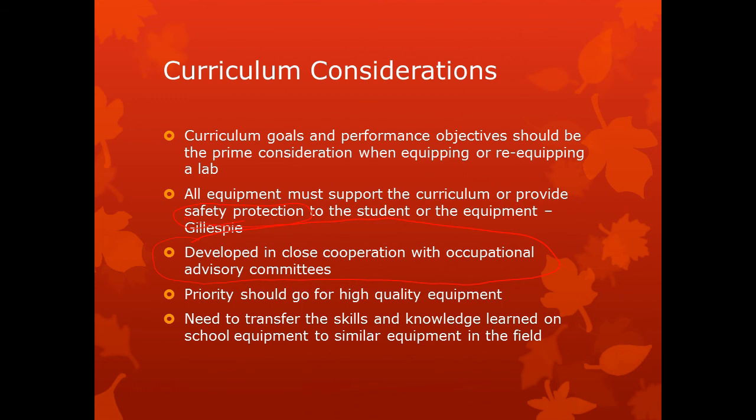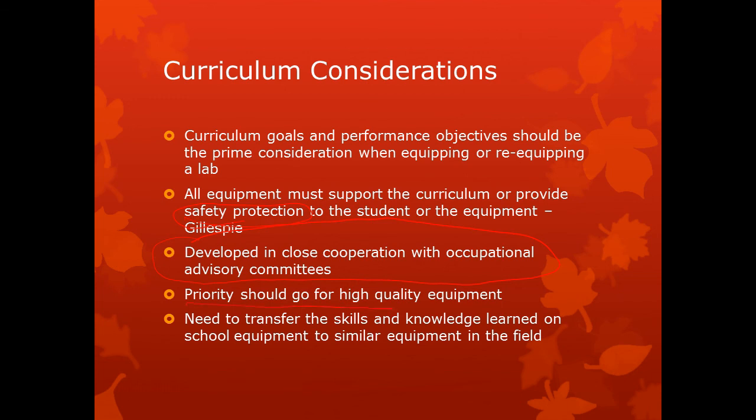Obviously, we can't meet with them 24/7, but we could still contact them via email, via telephone. We ought to have that kind of close working relationship with them that we can bounce some ideas across them. That you would be interested in getting this particular machine. What do you think about it? Is it good? Is it bad? And so that would kind of fulfill that consideration. But we always need to work in close concert with our advisory committees.